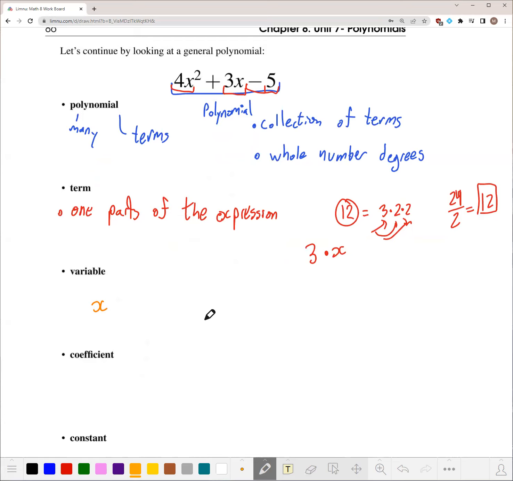Even in grade 1, you say the smiley face plus 1 equals 3. What's the smiley face? Which is how grade 1 teachers sound, I guess. And so this is acting like a cute little variable. Nowadays, we're just going to be using x. So in the polynomial above, x is, of course, a variable.